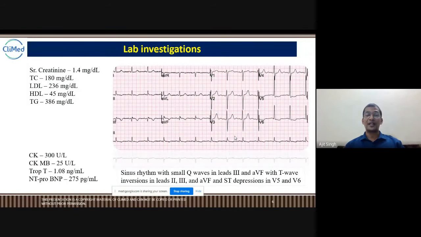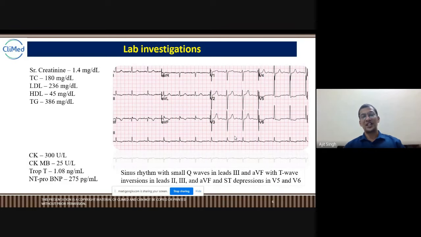But why is it considered normal here? Because her creatinine levels are slightly high. In kidney injuries NT-proBNP sometimes goes high. When the creatinine goes up, NT-proBNP also goes up a little bit.